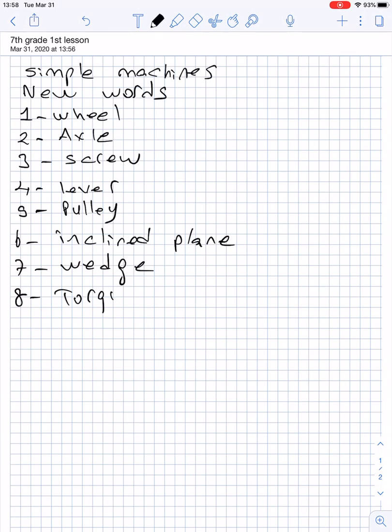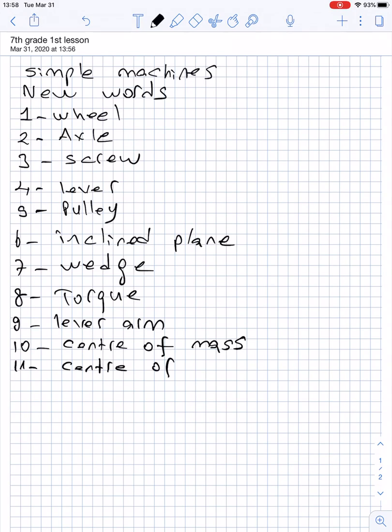Eighth one, torque. Ninth, lever arm. Tenth, center of mass. Eleventh, center of gravity.